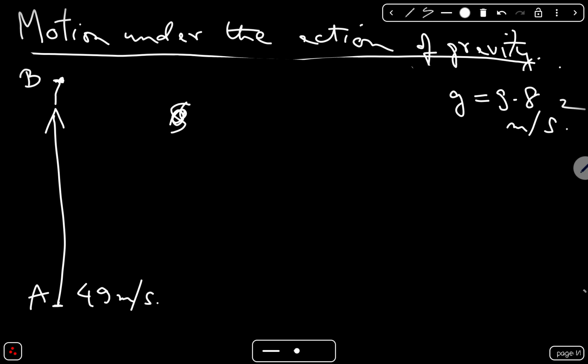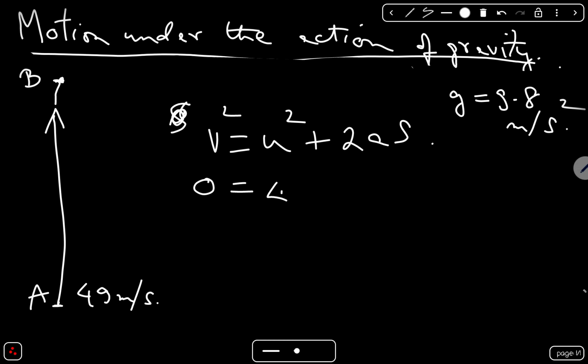So let us use the formula, the third equation, v square is equal to u square plus 2as. That is the third equation of motion we will use. Final velocity we know is 0. Initial velocity with which it has been thrown up is 49, so 49 square. And acceleration we will take as negative, remember. So 2 into minus 9.8 into the maximum height reached, which we don't know, that is the distance s.